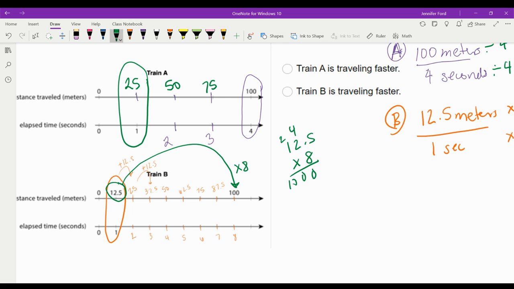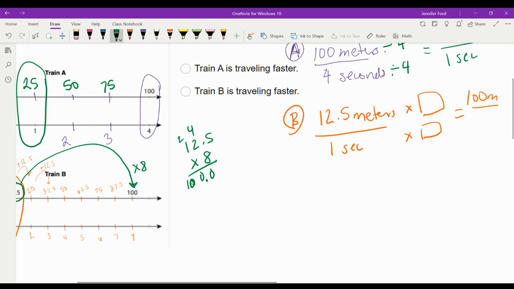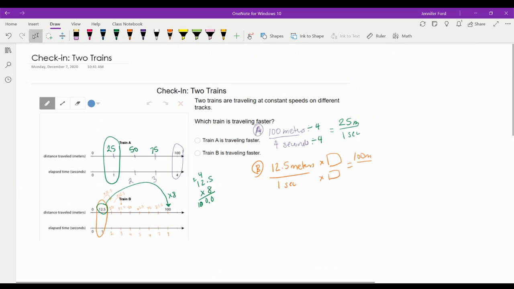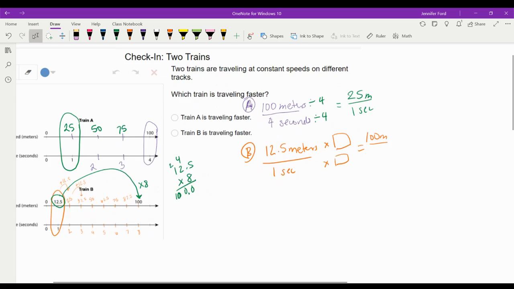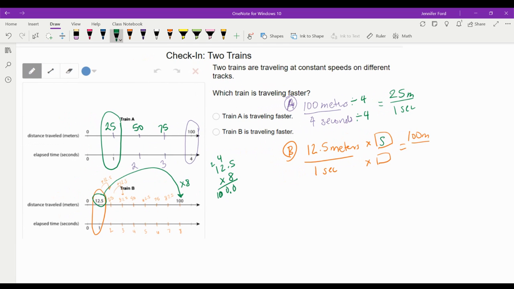And then you've got one decimal place, so it's 1,000 tenths or 100 wholes. So I can multiply by 8 times 8, so it's 100 meters in 8 seconds.